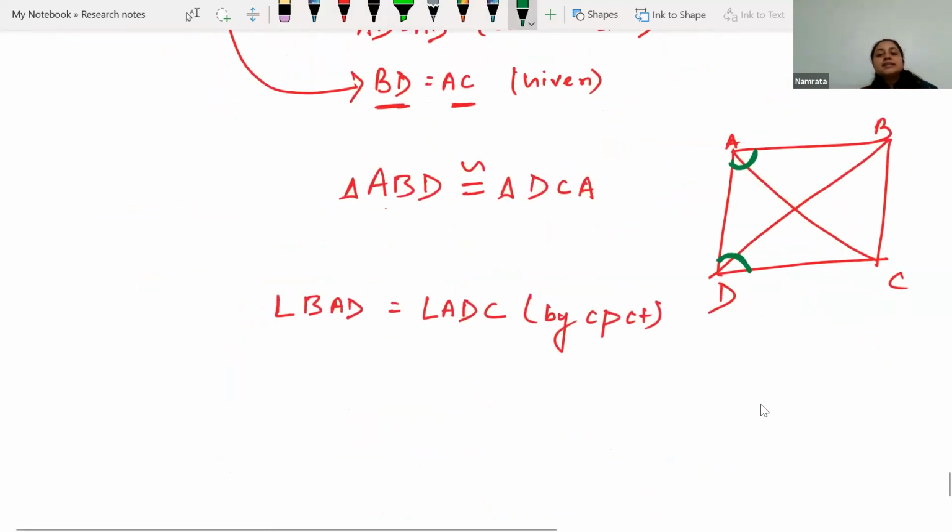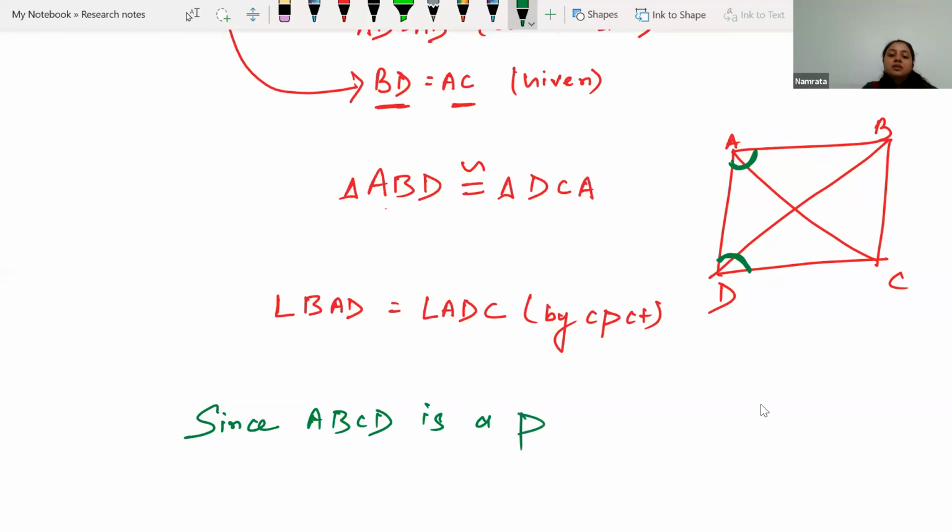Now since ABCD is a parallelogram, can I say the adjacent angle sum will be 180 degrees? These two will be supplementary with each other. Co-interior angles, or interior angles on the same side, since AB and CD are parallel and there is a line like this.